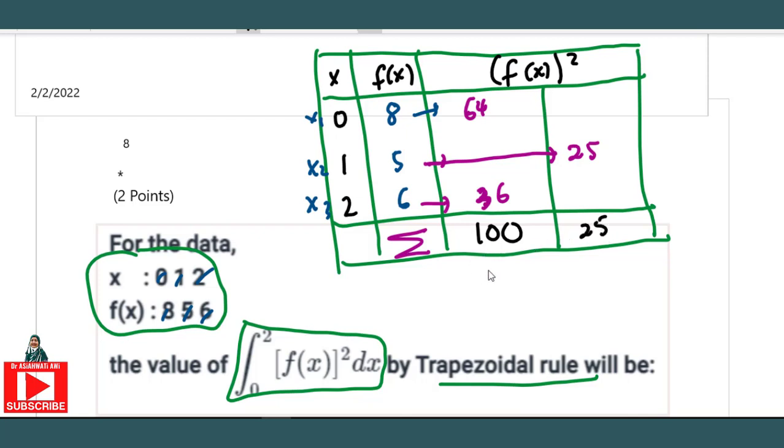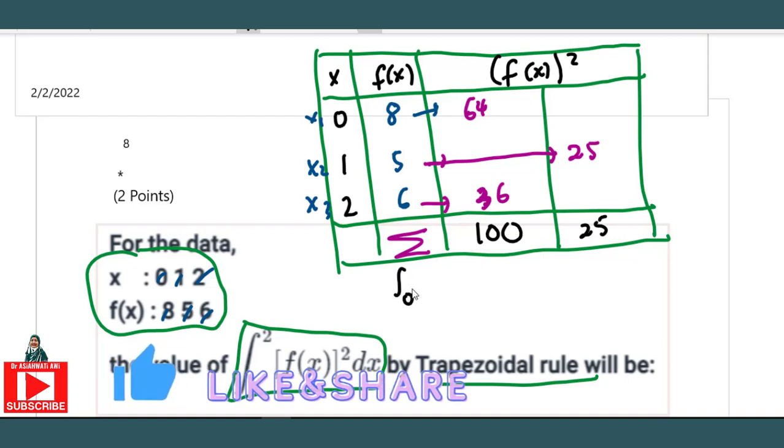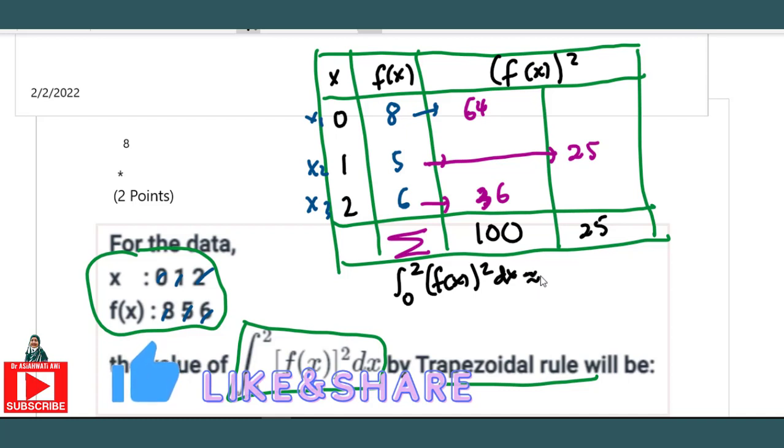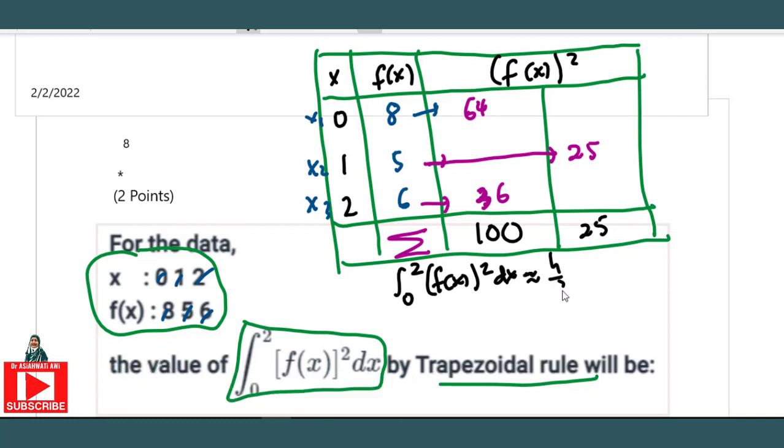Then substitute in the formula. The formula is the integral from 0 to 2 of this function is approximately h over 2 times y0 plus y2 plus 2 y1. This is y0, y2, y1.